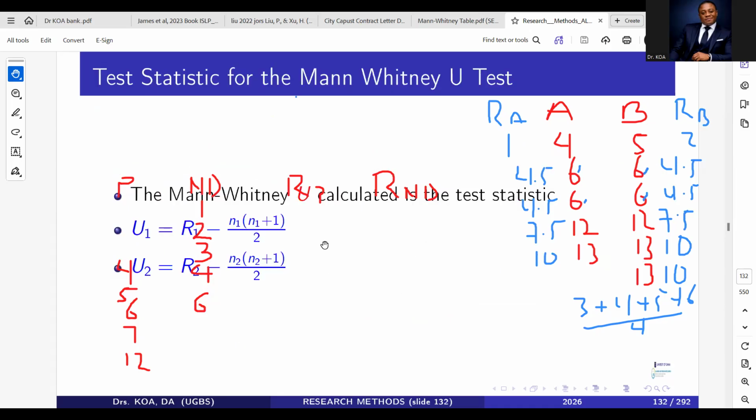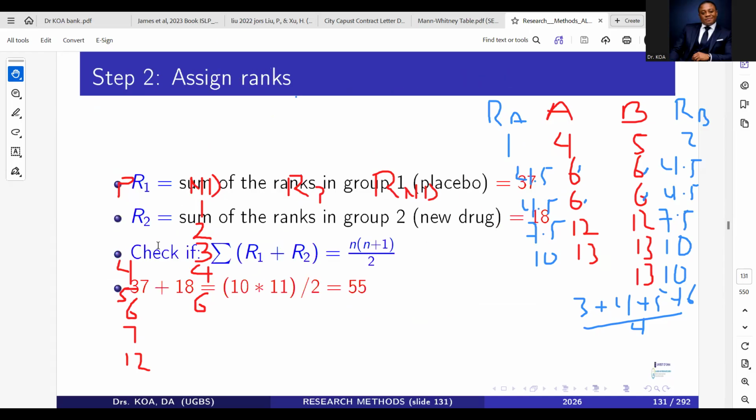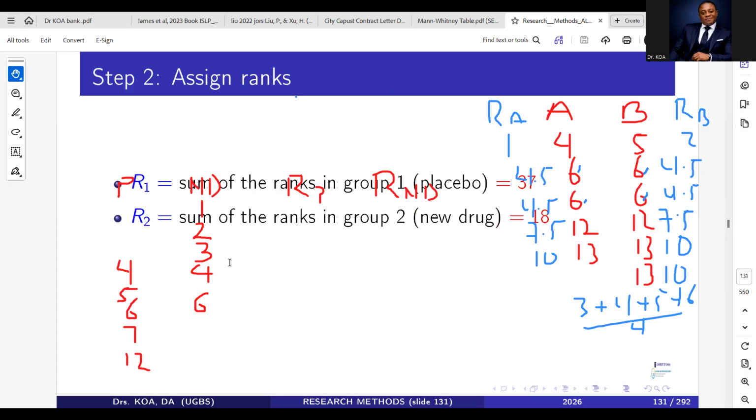So this is a rule. This is the first commandment. The first commandment says that when you take the sum of the ranks, so in this case, when you add all the ranks on the left side here, rank of A together, you have 1 plus 4.5 plus 4.5 plus 7.5 plus 10.